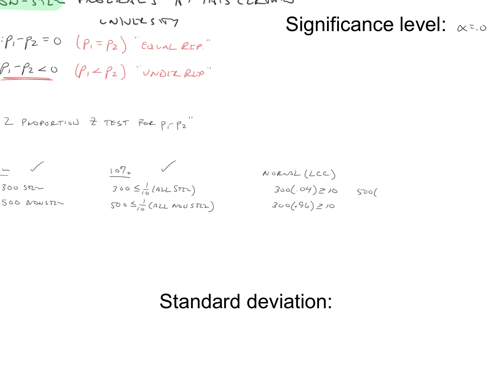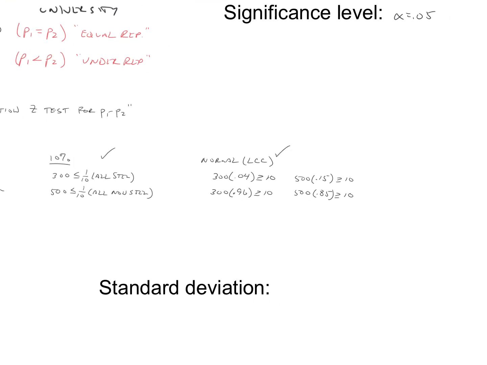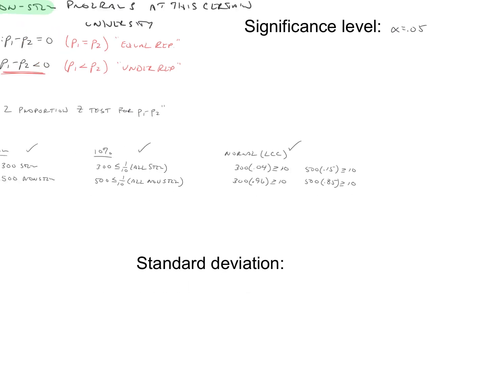For 500, did I expect 15% were Black or Hispanic females? Yep, expected at least 10 Black or Hispanic females and at least 10 not Black or Hispanic females. Check. So separately, their distributions are normal, the STEM distribution and the non-STEM distribution. So when I combine them, I end up with a normal distribution as a result of that combination.